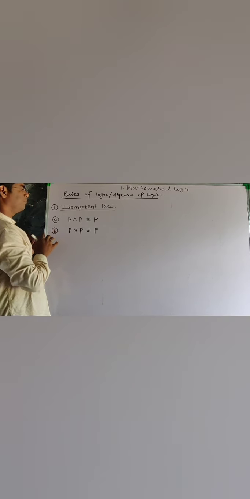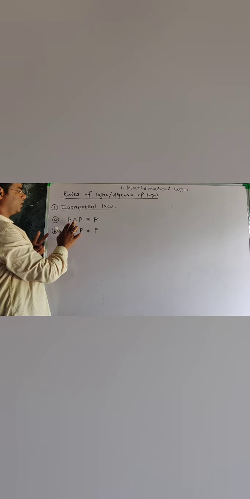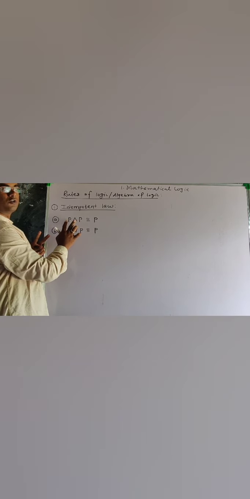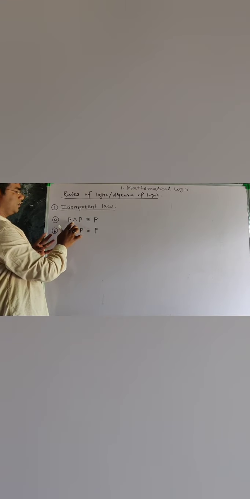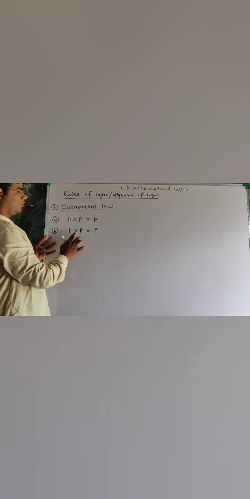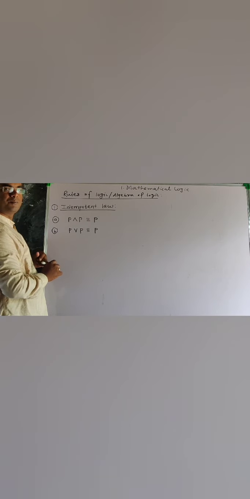So the first rule, idempotent law, is what? When we have the same statement, P and P, or Q and Q, or R and R, connected by the connective and or or, then the resultant statement is the same.